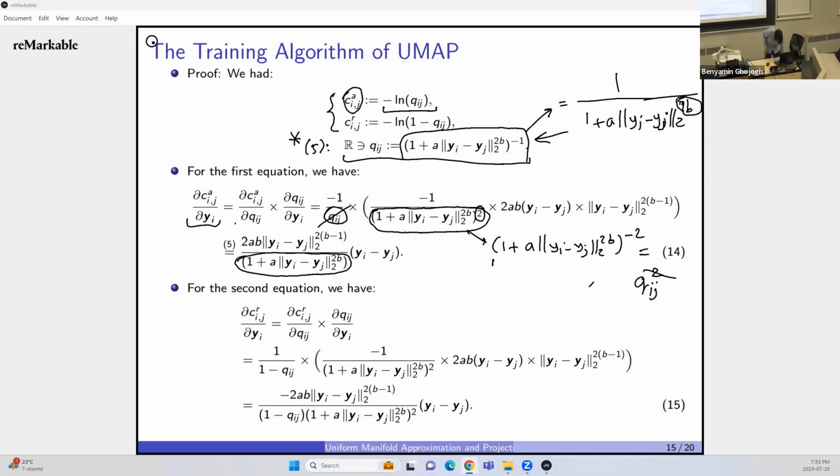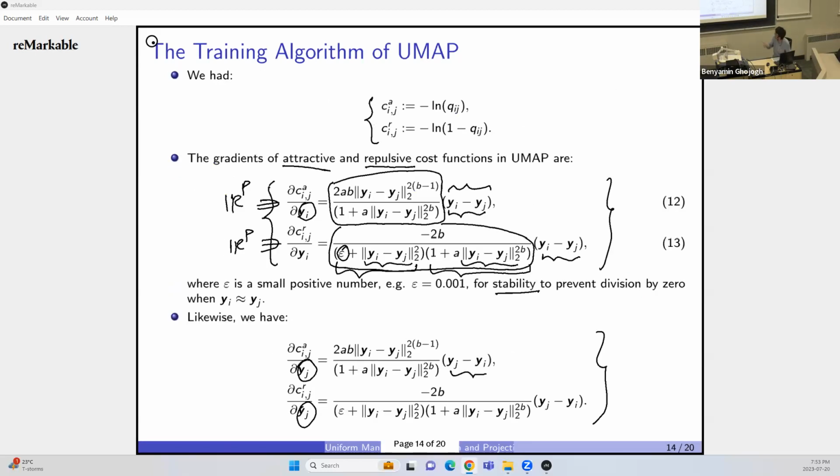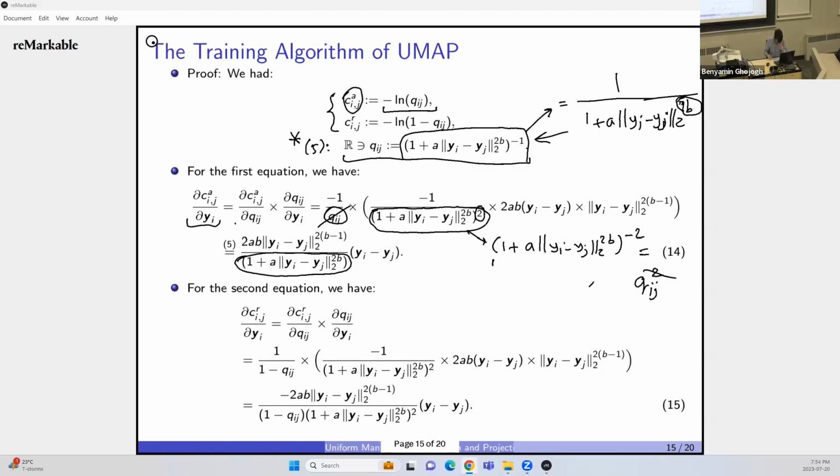Okay, now for the second equation. I think we proved the first equation, which is equation 12. Now for equation 13, the derivative of the repulsive force with respect to yi. By the chain rule, I write it as the derivative of the repulsive force with respect to Qij times the derivative of Qij with respect to Yi.